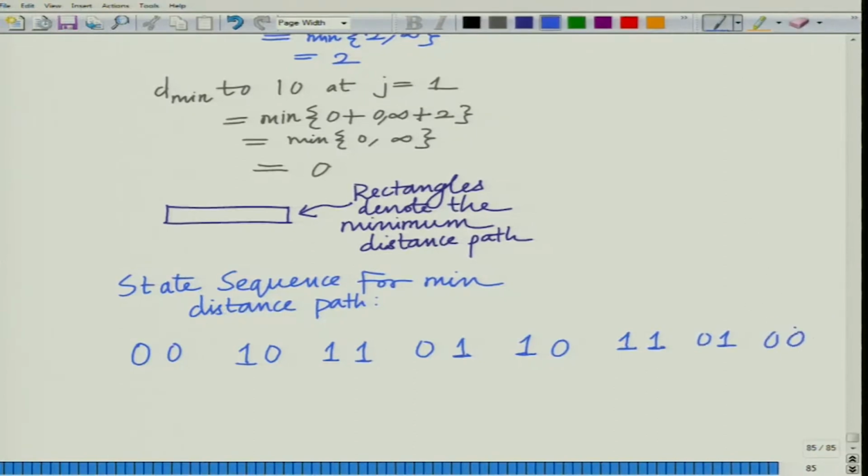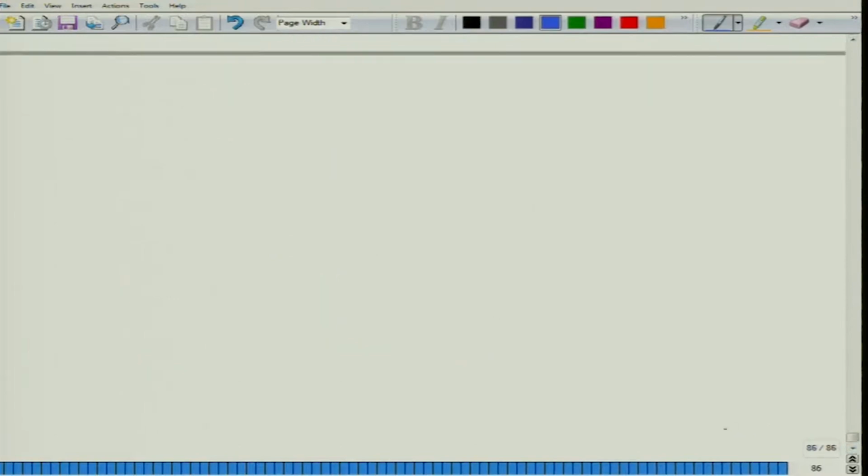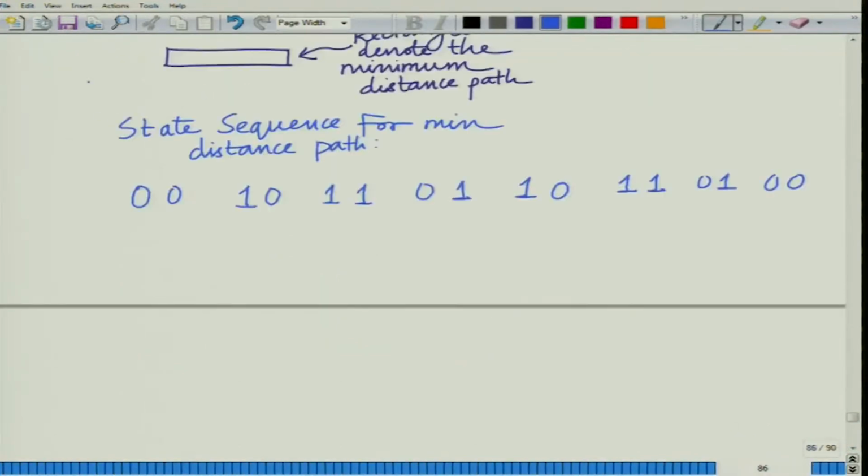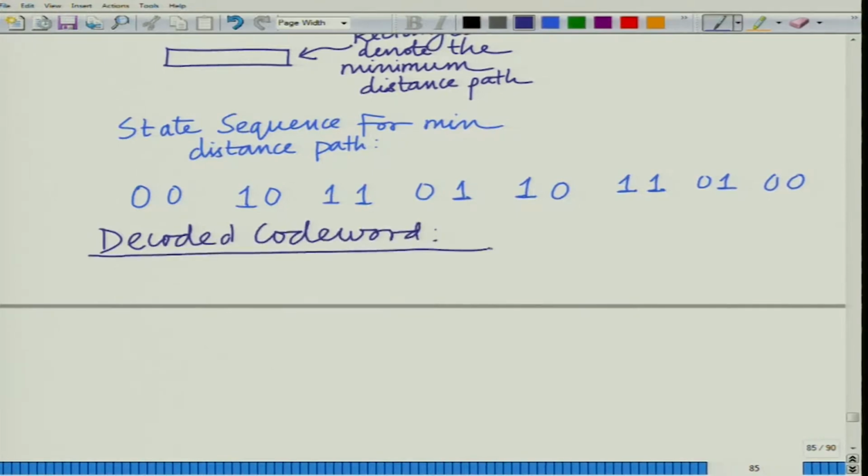Remember, this is not the output code word. Now, the decoded code word will be the outputs corresponding to this state sequence. Okay. So, remember this is the maximum likelihood decoded code word, the decoded code word will be 1 1.